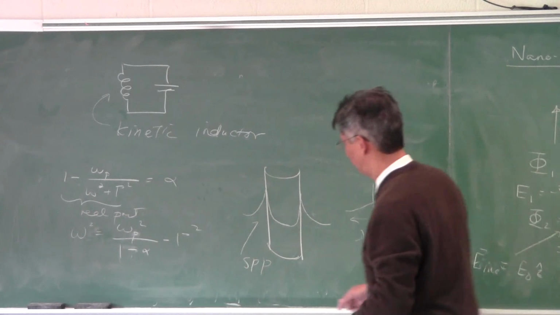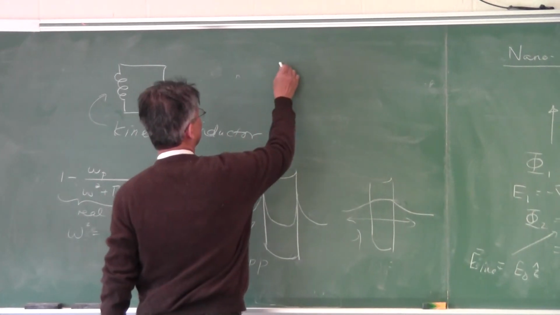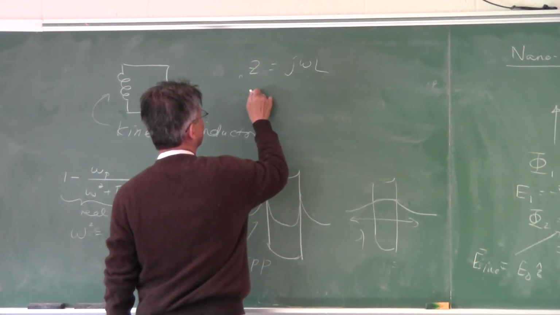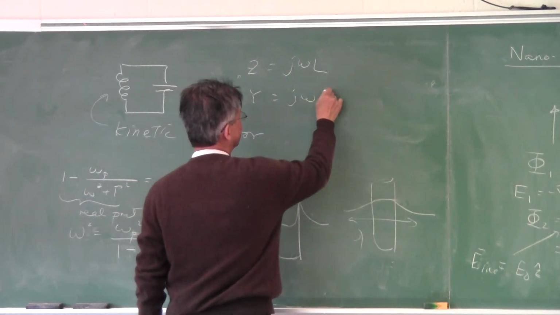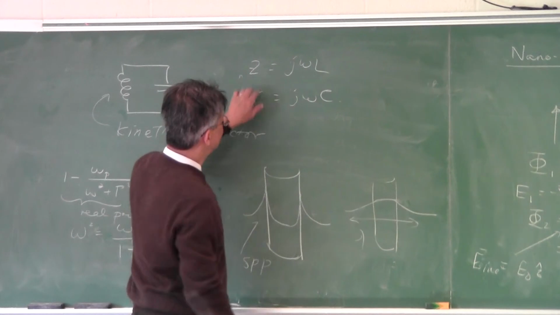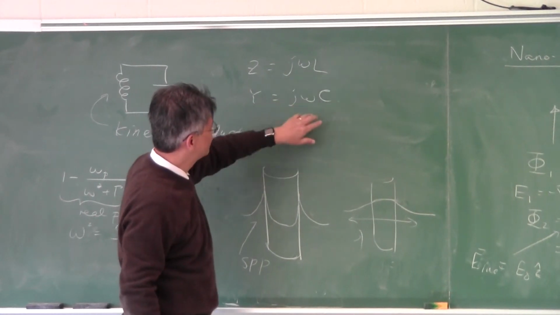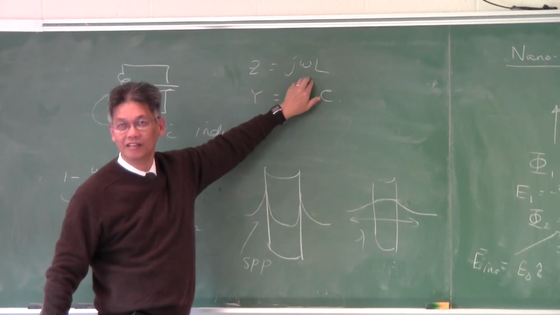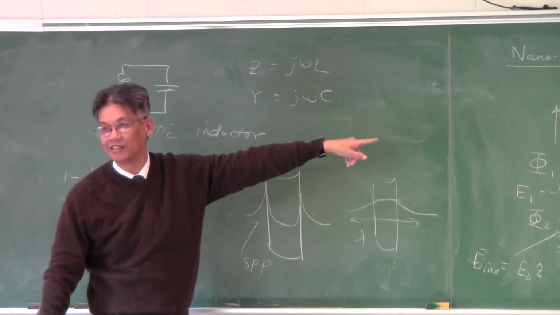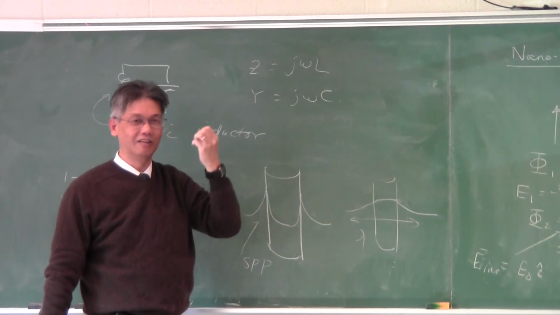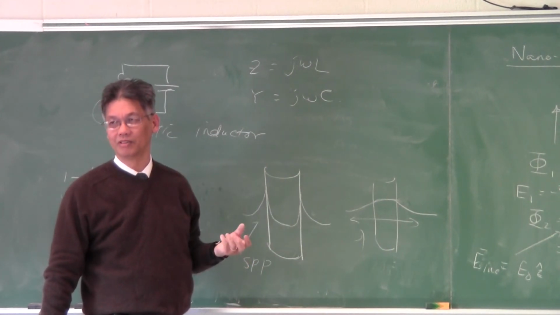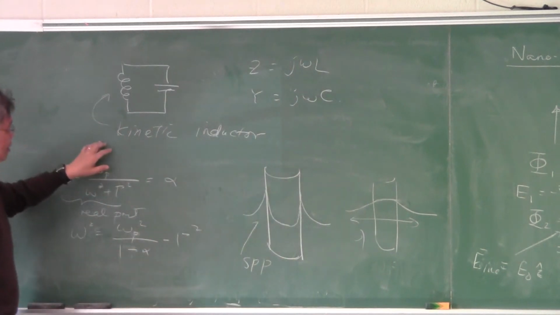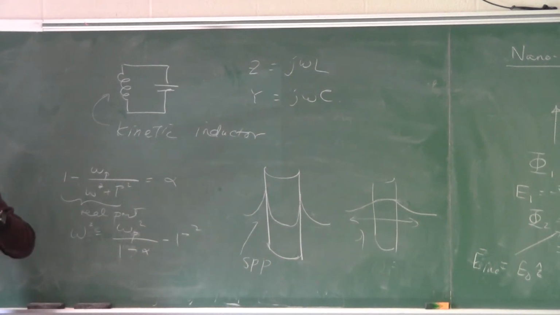Because we have Z equals j omega L, and Y equals j omega C. If you take the reciprocal, a negative capacitance is the same as a positive inductor. So when epsilon turns negative, you can think that I have a negative capacitor, which is similar to a positive inductor. So I actually have a kinetic inductor working for me, and it starts to resonate.